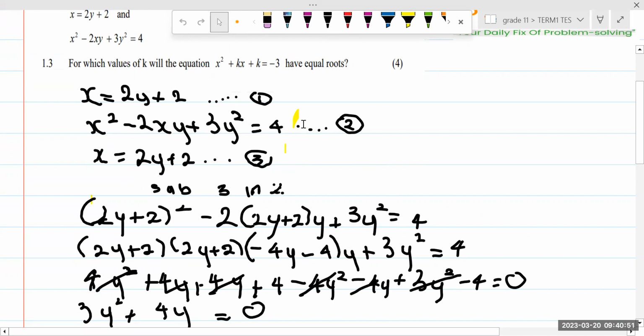And the other is calculate the equation that is from 1.